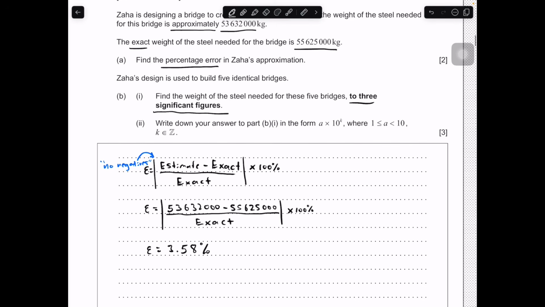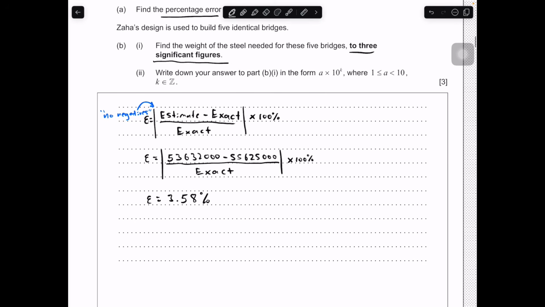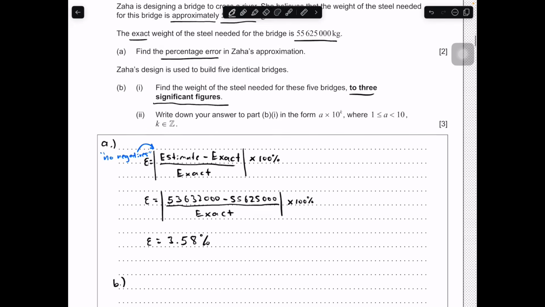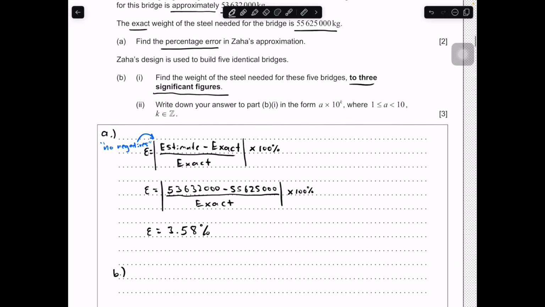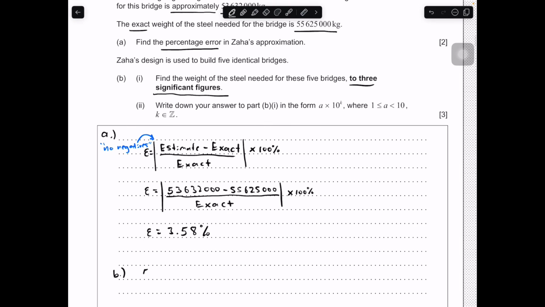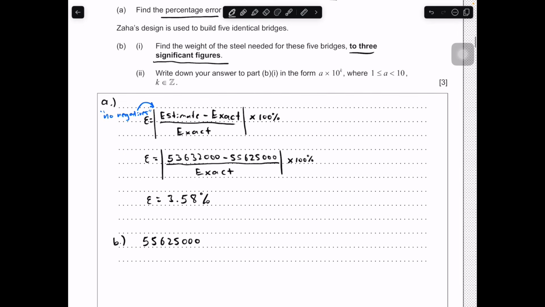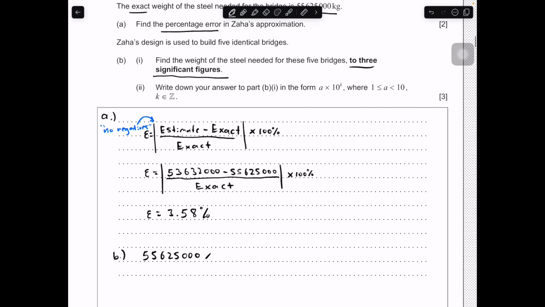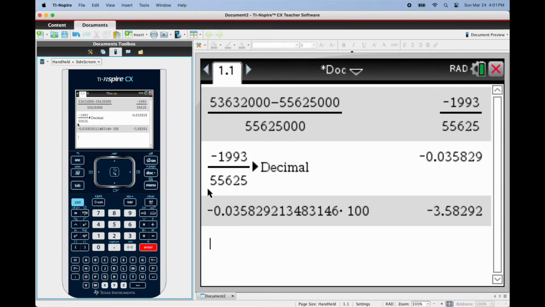The exact value of the bridge, this is part A. Let's write out part B right here. The exact weight of one of these bridges is 55,625,000, and what we want is to build 5 identical bridges. So actually, let's go back to the calculator and work this out.